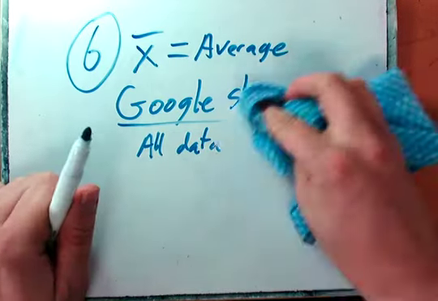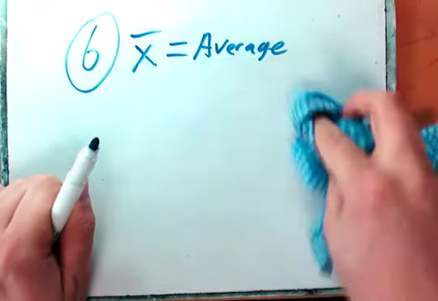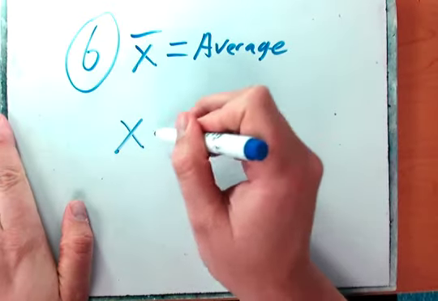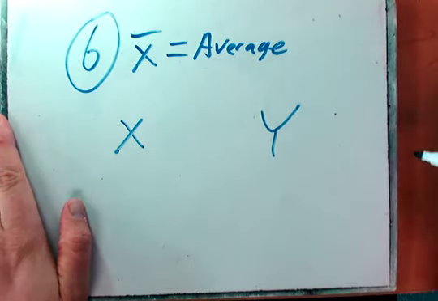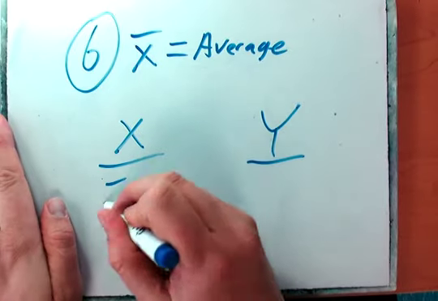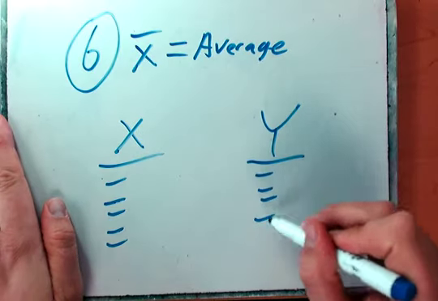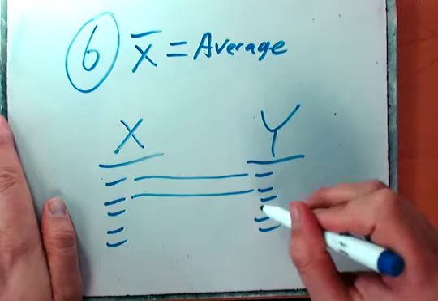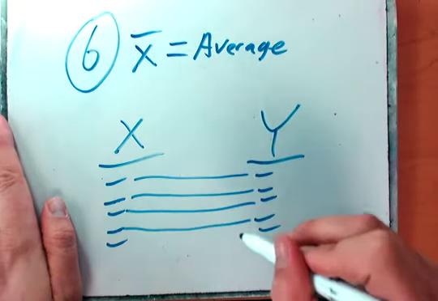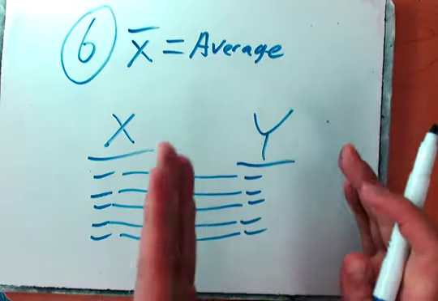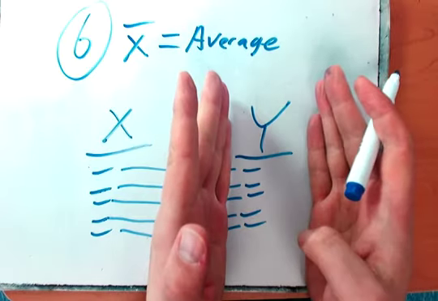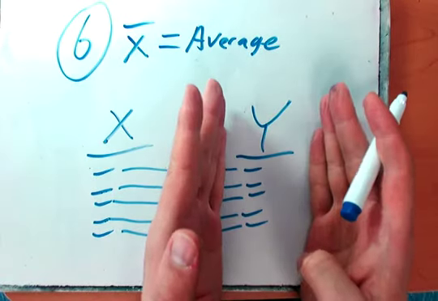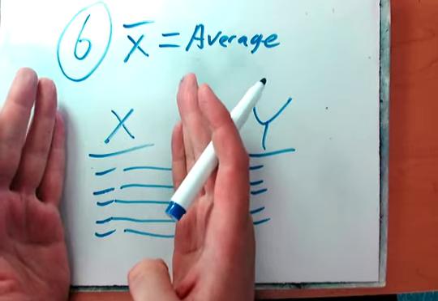Other things to note. We're now giving you 2 different measures. So there's going to be an x value and a y value. There's going to be a bunch of numbers down here, and a bunch of numbers down here, and those are going to line up right across. So you should observe that those line up, but each one is going to have an average, and each is going to have a standard deviation.